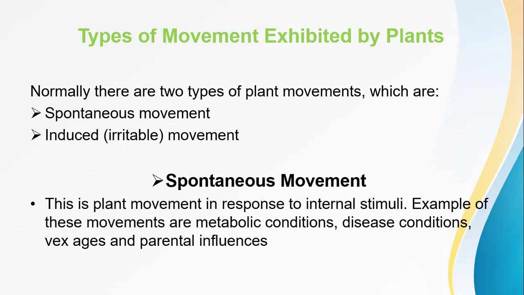Take an example, movements due to various metabolic conditions, disease conditions, ages and the parental influences are some of the causes of the spontaneous movements, or just some of the movements which are commonly known as the spontaneous movements.